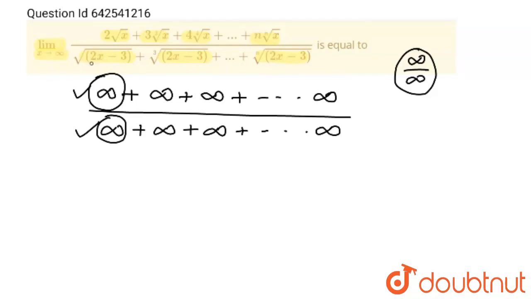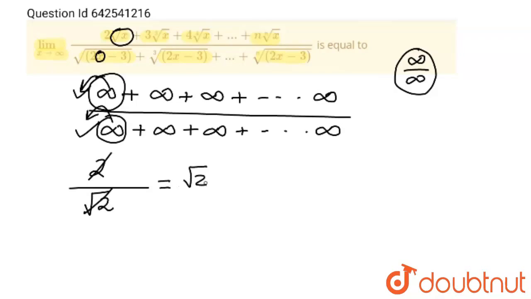And if both infinities are the same, what is the answer? The coefficient of both infinities. See, the coefficient of this infinity, square root x, is 2, and in the denominator it is 2, and the 2 is under a square root. So this will be square root 2, and this is our final answer.